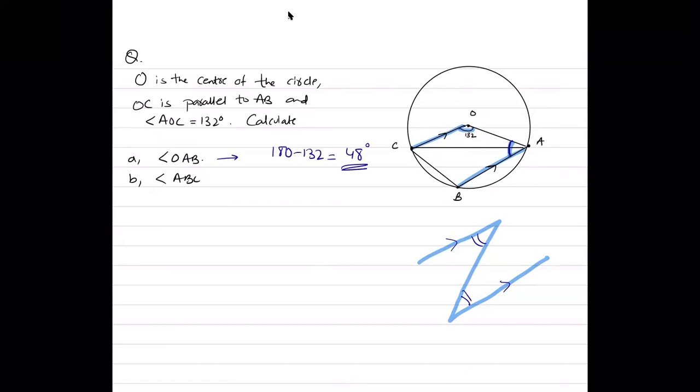Now, how are you going to find angle ABC? Try to make use of the property.